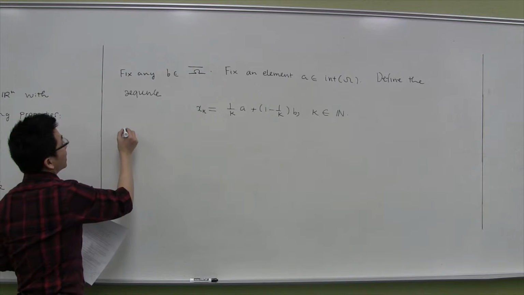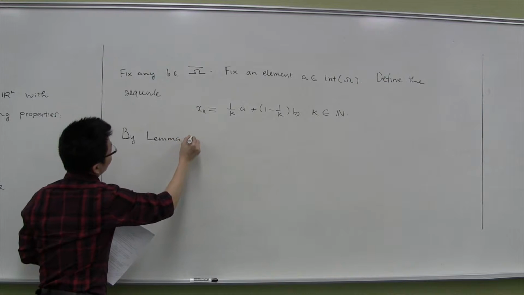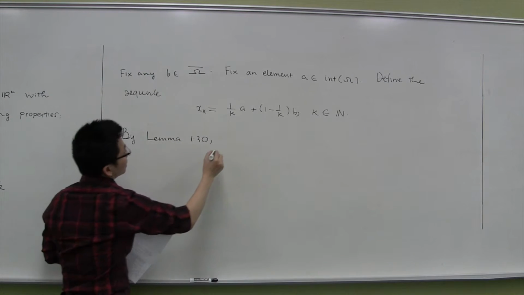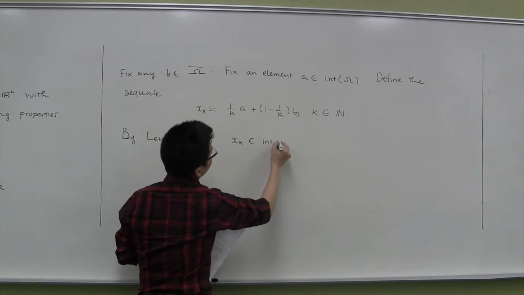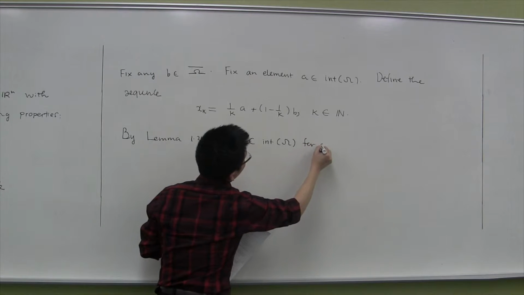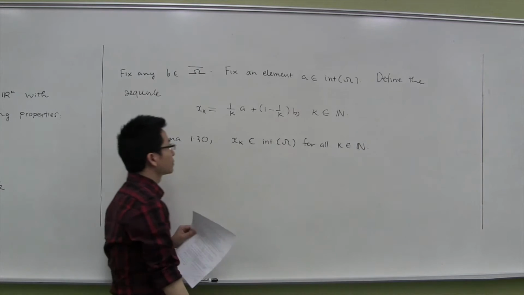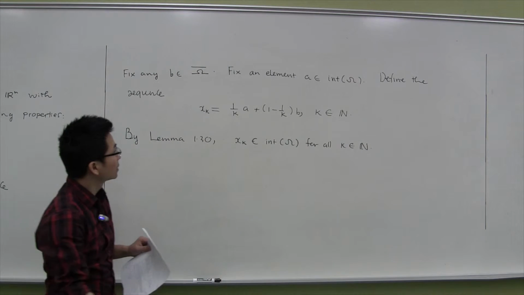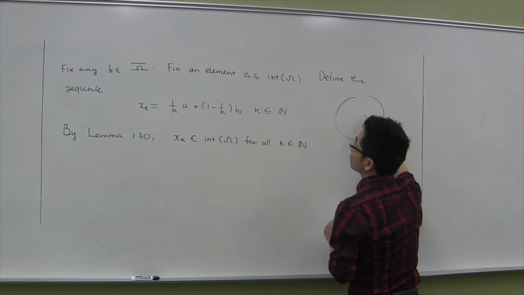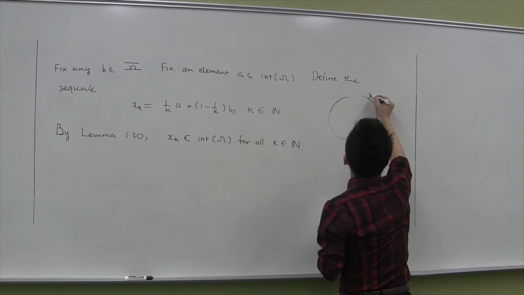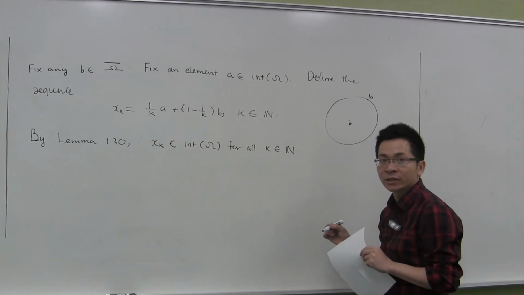So by lemma 1.30, x_k belongs to the interior of omega for all k in N. Note that here B is in the closure of omega and A is in the interior of omega.